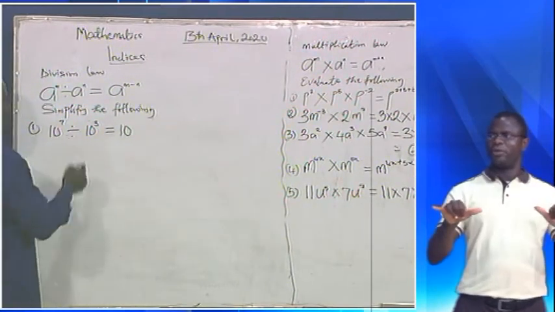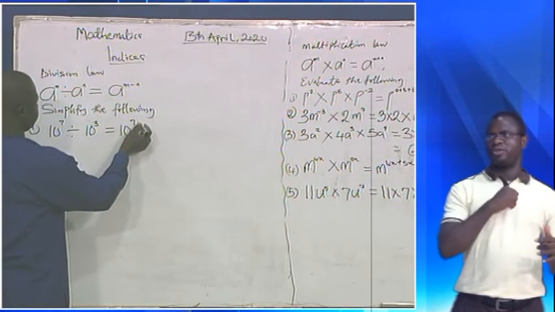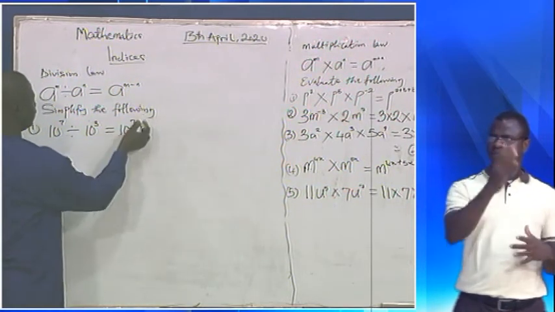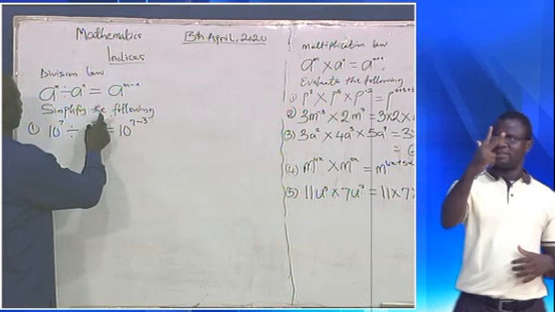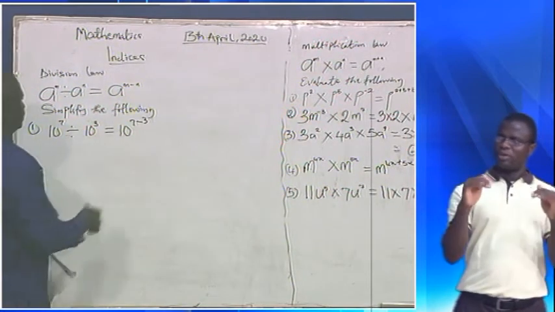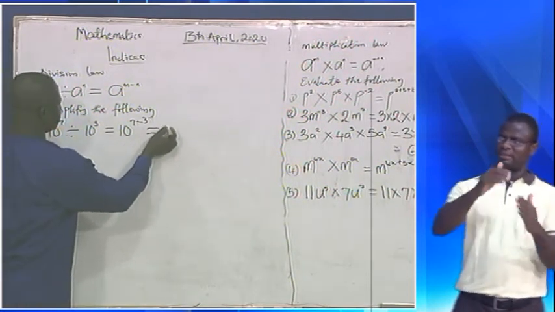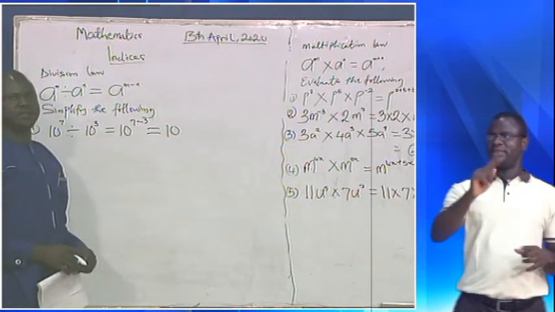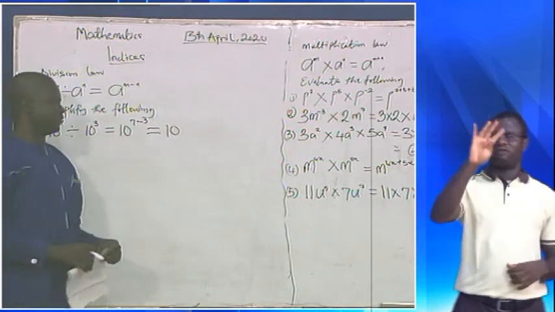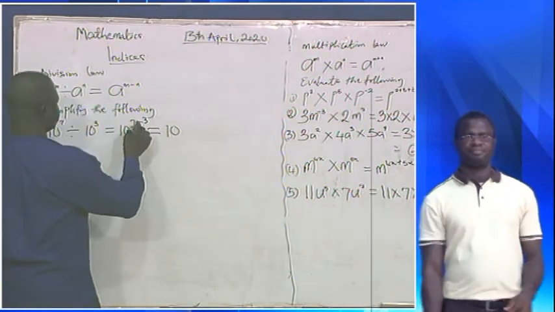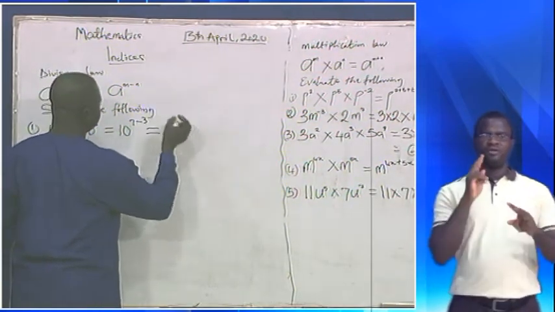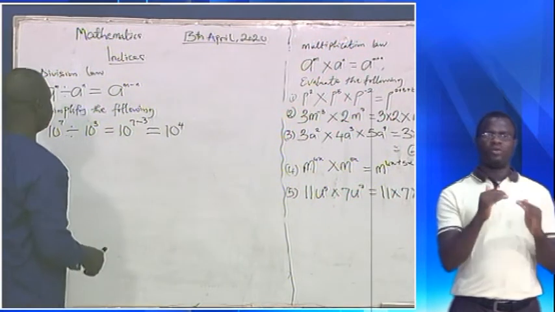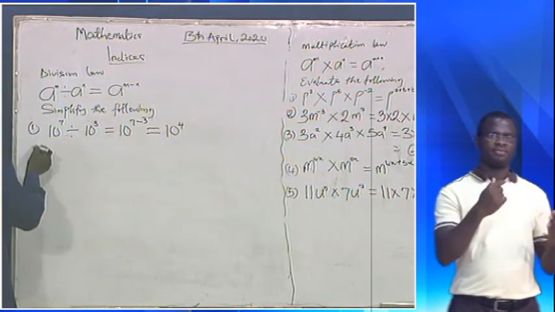Then the first power is 7. Then we'll remove 3, which is the second power, from the first one. Now, viewers at home, 7 minus 3 is equal to what? 7 minus 3 is equal to 4. That is in the case of the first example.